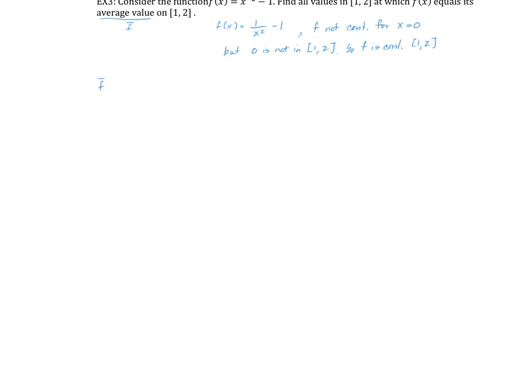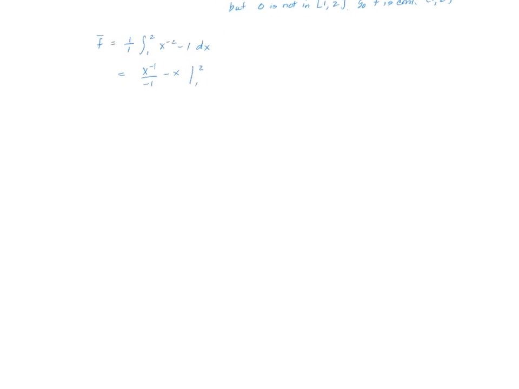First step, compute the average value. In this case, b minus a is 1. So it's going to be 1 over 1, which won't change anything. Integral from 1 to 2, x to the negative 2 minus 1 dx. That's simply x to the negative 1 over negative 1 minus x evaluated from 1 to 2, or negative 1 over x minus x evaluated from 1 to 2.